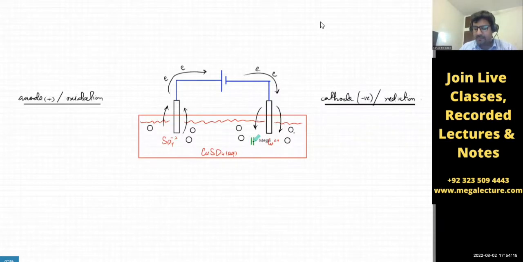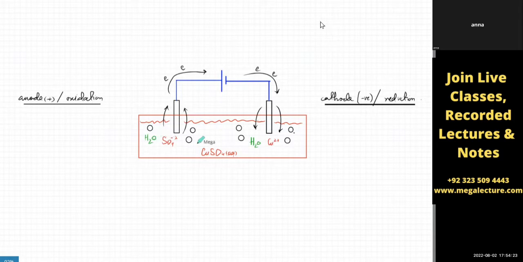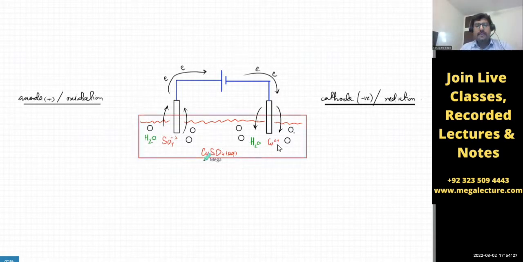Water will be water, and water will be present on both sides because it's neutral. So water is everywhere. So who's going to gain electrons? It's either going to be copper 2+ or water. Any one of them is going to gain electrons. How do you figure out who ends up gaining electrons?